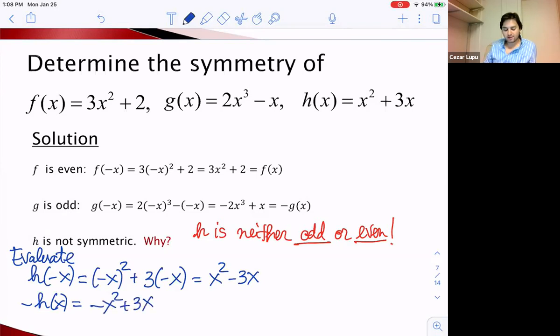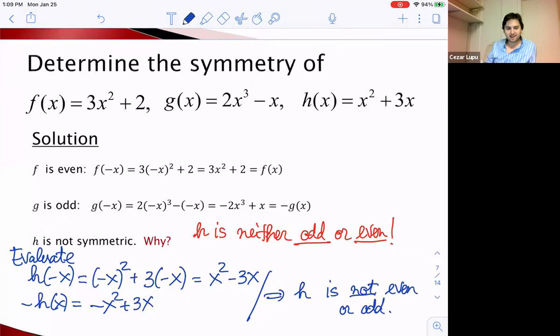So there is no way these two are equal. And moreover, there is no way, right? So from here, you can say that h is not even or odd, right? Definitely h of x is not h of negative x.